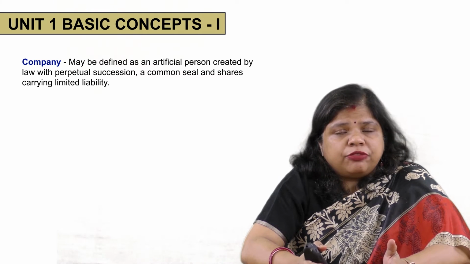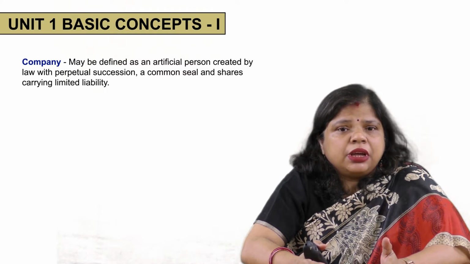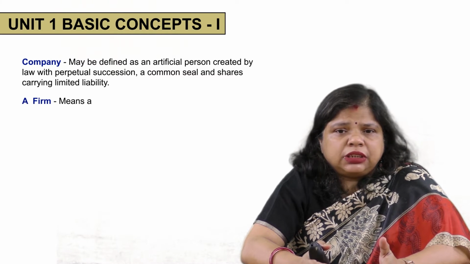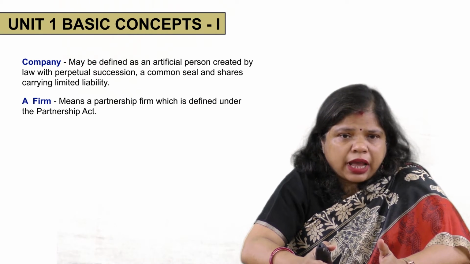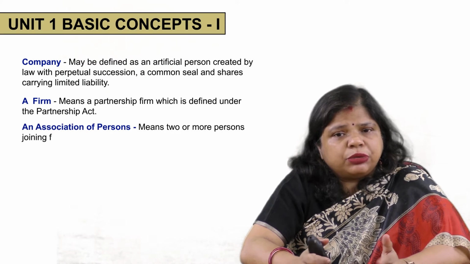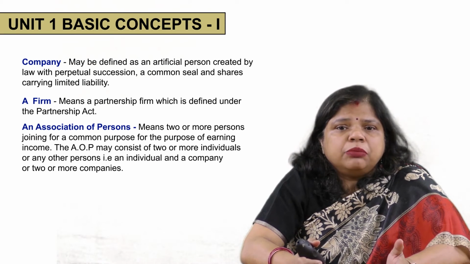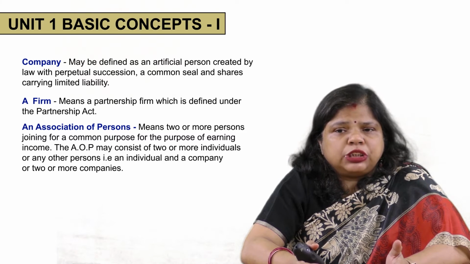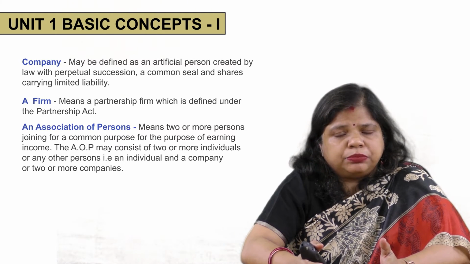Next is a firm. A firm is also considered a person. A firm means a partnership firm which is defined under the Partnership Act. An association of persons is also considered a person, meaning two or more persons joining for a common purpose of earning income.